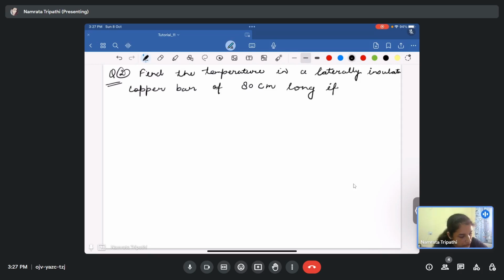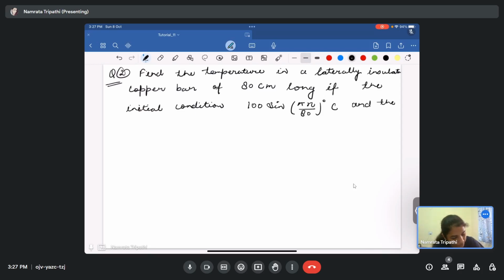If the initial condition and the ends, means boundary condition, and the ends are kept at 0 degrees Celsius.